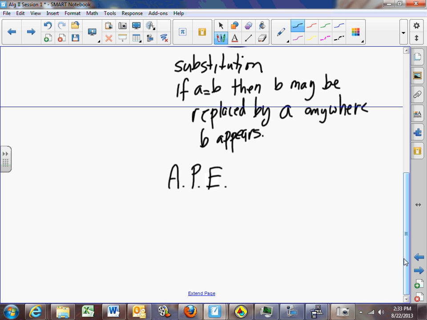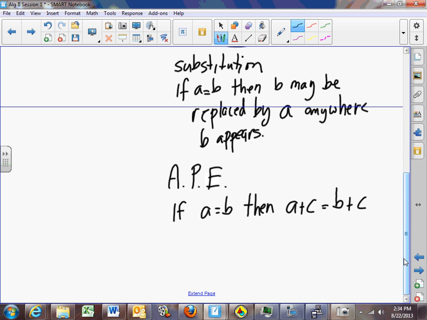It basically says if you have an equation, in other words, if A is equal to B, then A plus C will be equal to B plus C. The way I thought of this when I was younger was that if you had an equation, it was okay to add the same thing to both sides of an equation.